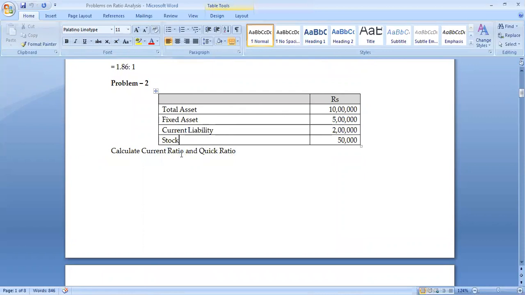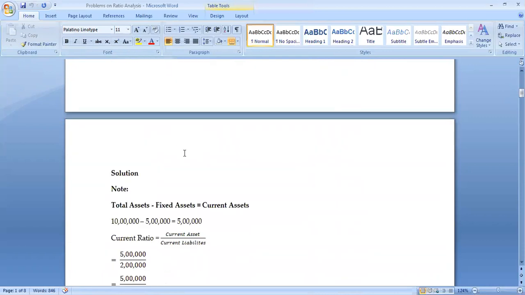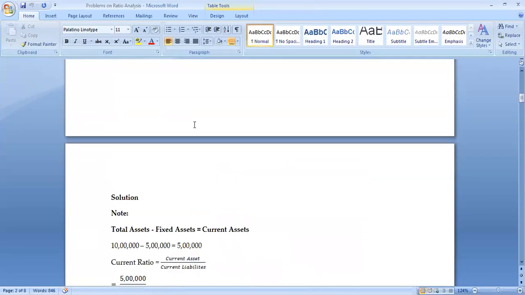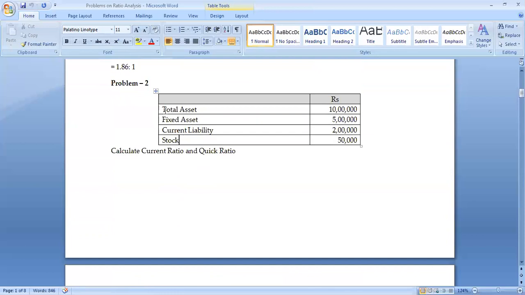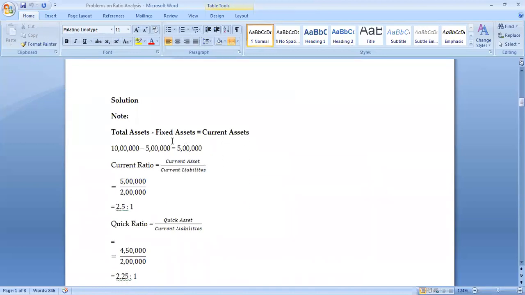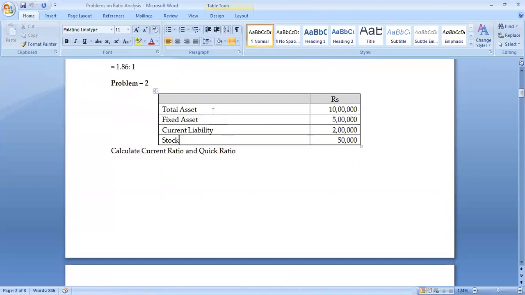What is the current ratio formula? Current ratio is equal to current assets divided by current liability. But here in the question, they have not directly specified the current assets, so you need to find them. The procedure is: total assets information is given, along with fixed assets information.